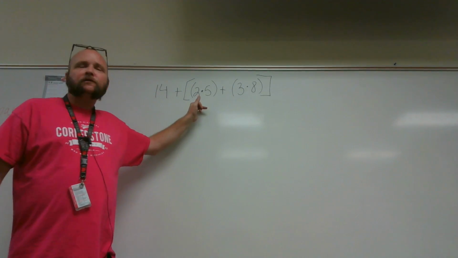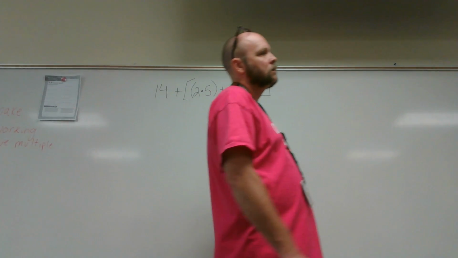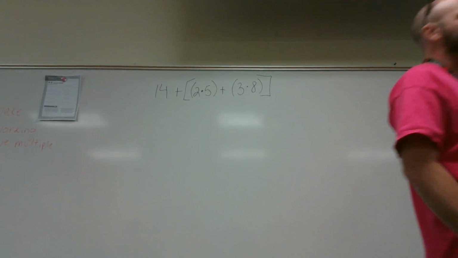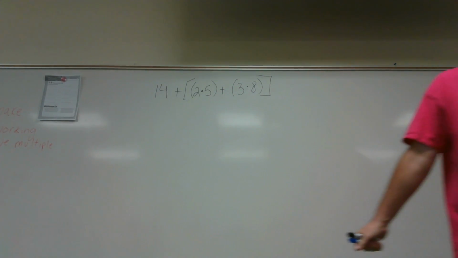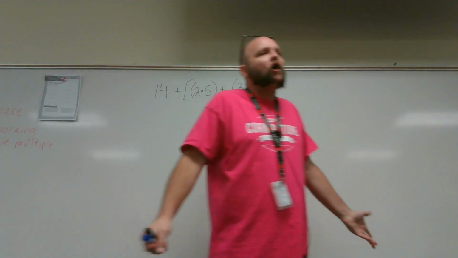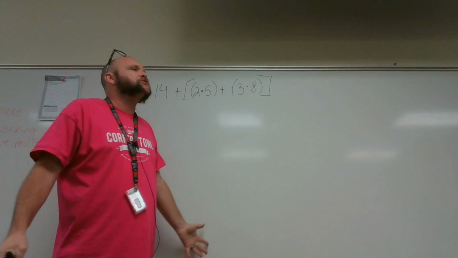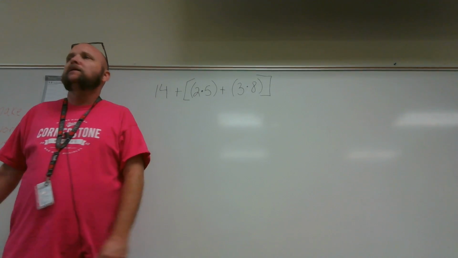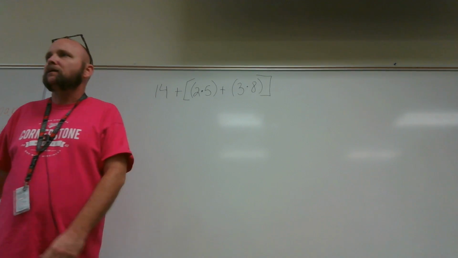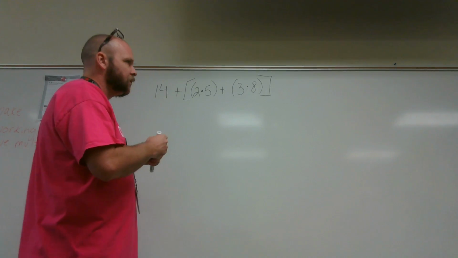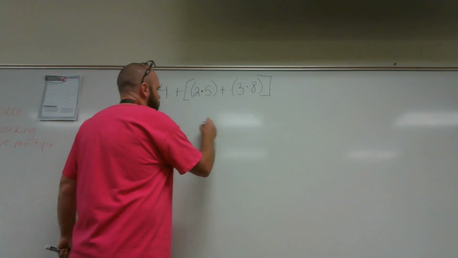Because as we move into algebra, which we're beginning a little bit, I'm going to tell you right now, you've always done algebra. You have done algebra since you began adding, since you began subtracting. You had problems like this when you were younger.